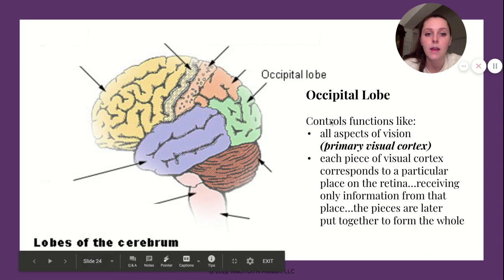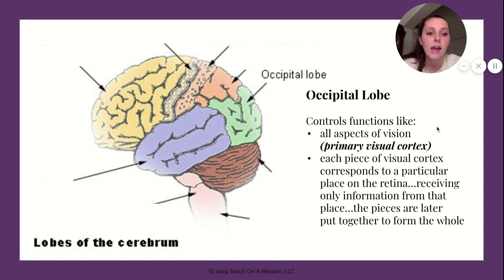Now, occipital lobe, this is in the back lower part of your brain. This is going to control all aspects of your vision. So this is where your primary visual cortex is located. So each part of that visual cortex corresponds with a particular place in the retina, which is that back part of your eye, which we'll talk about in sensation and perception.